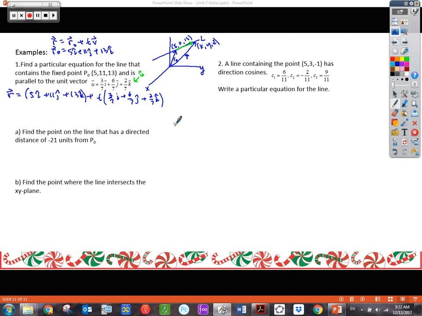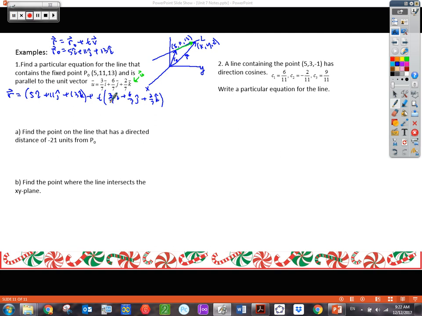When you see a vector written, doesn't it look like this, with the i components in front of the i, the j components in front of the j, and the k components in front of the k? They're all combined together. That's what we're going to do to write the final form of this vector. We're going to gather together the i component, so it's the 5 with the 3/7 t, and put it in front of the i.